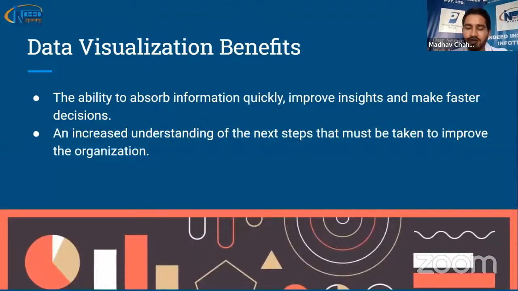So when we say that data visualization does this, and we can achieve data visualization through different visual elements, someone would say why there is a need of data visualization, like what are the benefits I'm getting from it. To begin with the benefits, it provides us with the ability to consume information quickly.